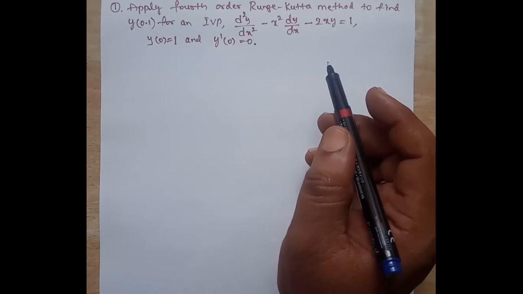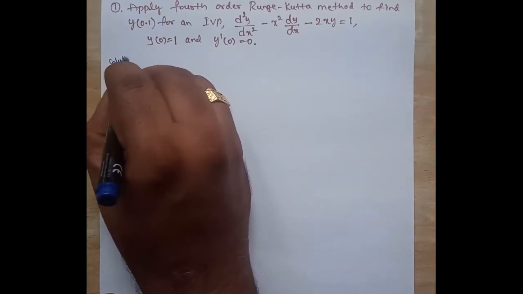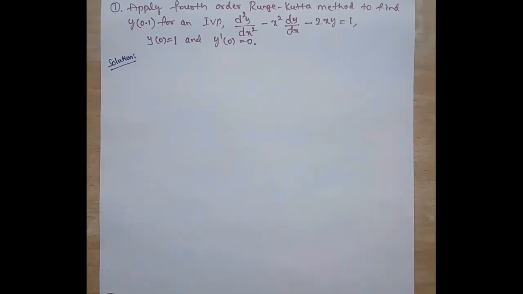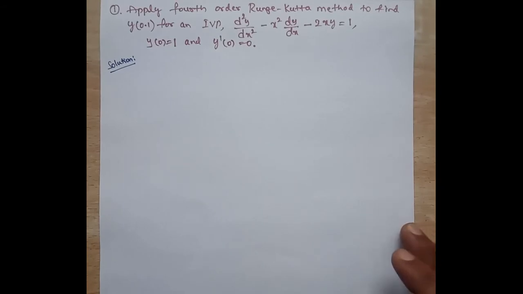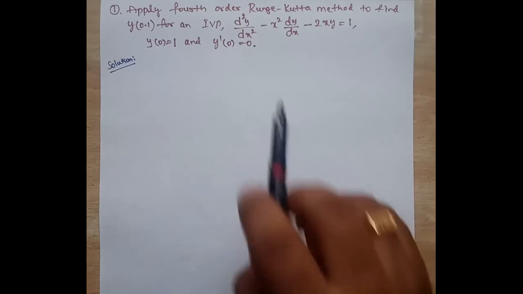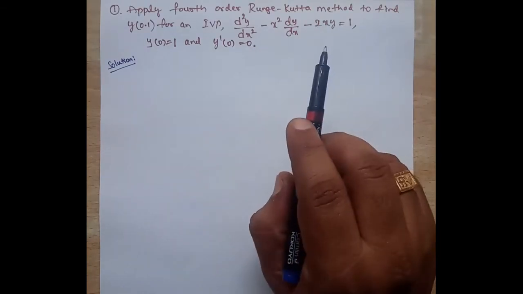Now solution. So first, in solving second order ordinary differential equations, it may belong to RKM, Runge-Kutta method, or Milne's method. The first step is common. That first step is reducing the given second order equation to first order form. Right?